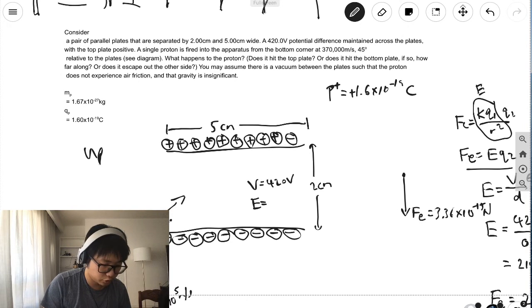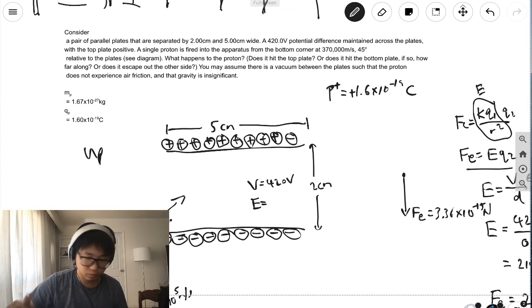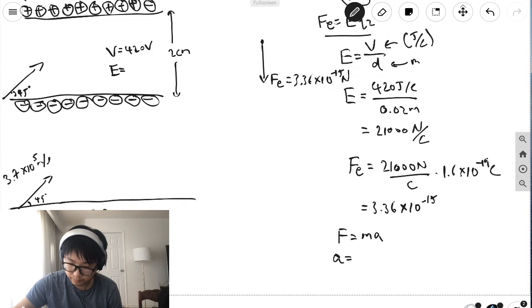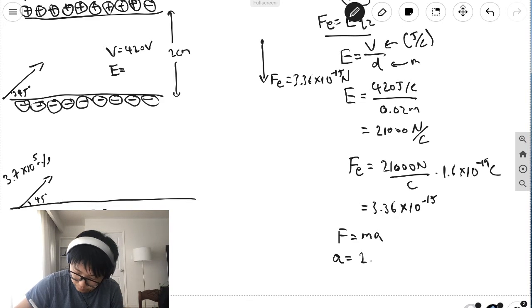And no need to change the unit there, because kilogram is what we actually want. Alright, so that's a much faster acceleration. And since we determined the direction of the electric field, we know that acceleration is going to be pointed downwards.